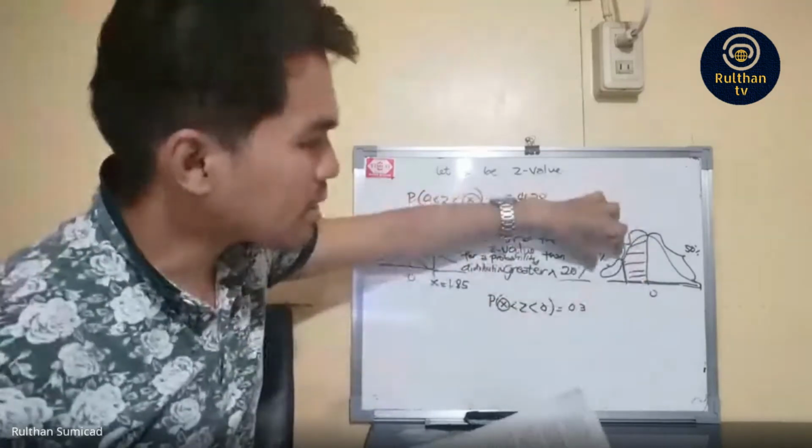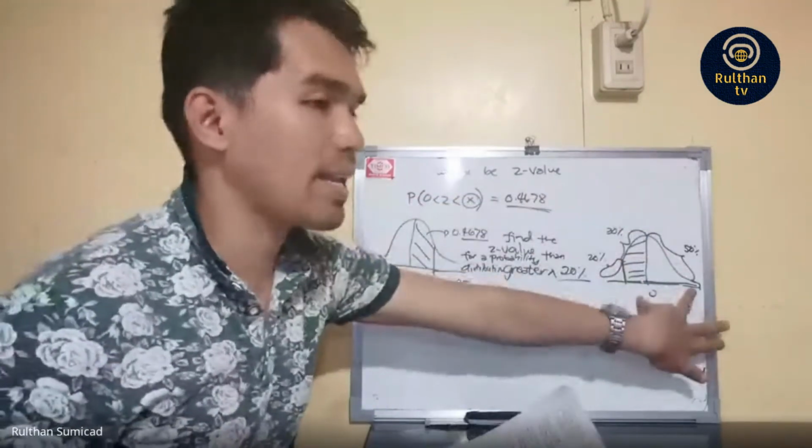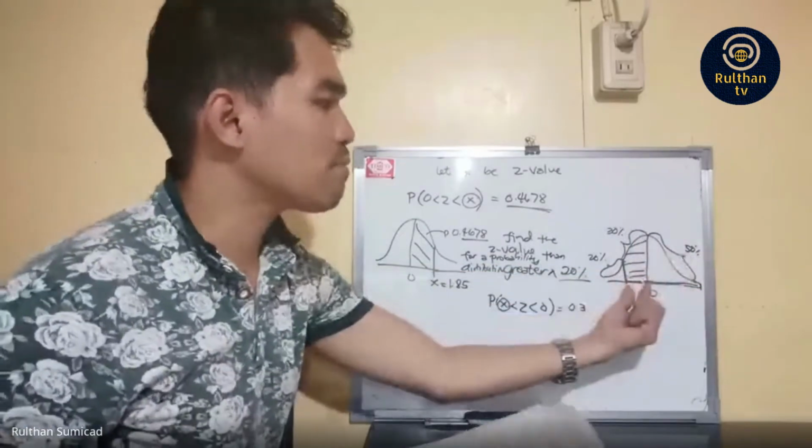So the 20% is here. Greater than 20% is going this side. We know that that's 50, so we're just trying to get the z value.